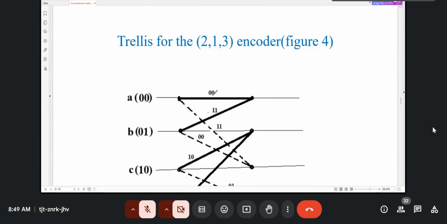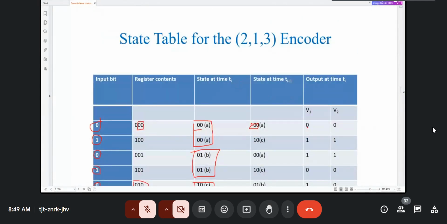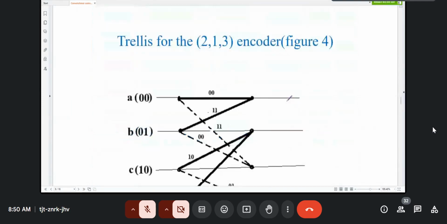I think I missed something here. Even 0, 0 and there's a 0, of course it remains 0, 0. Even the output is 0, 0. But if it's a 1, then the output becomes 1, 1, and it takes you to state 1, 0.